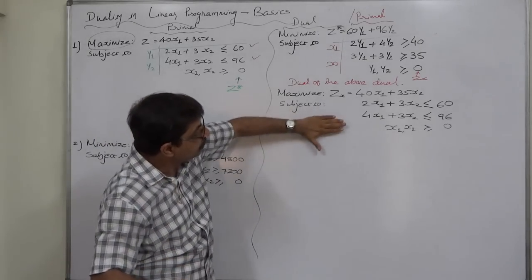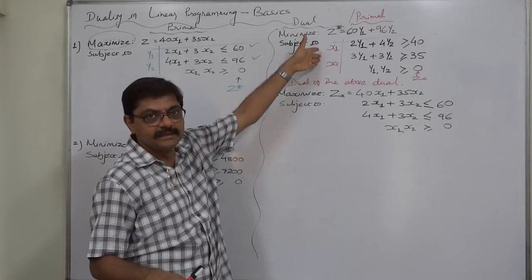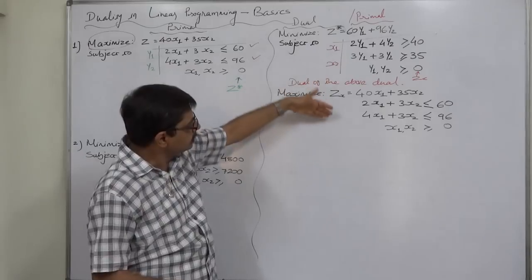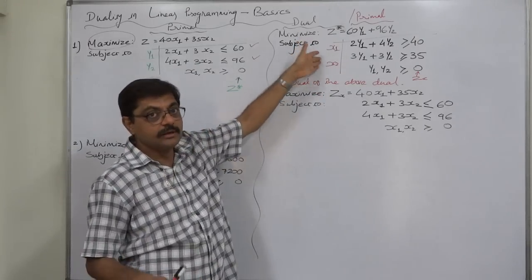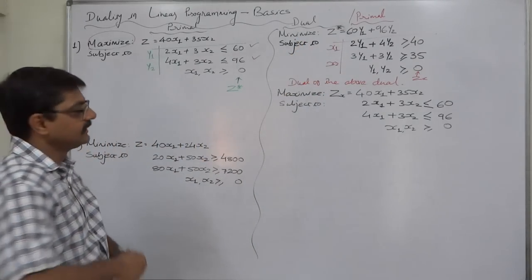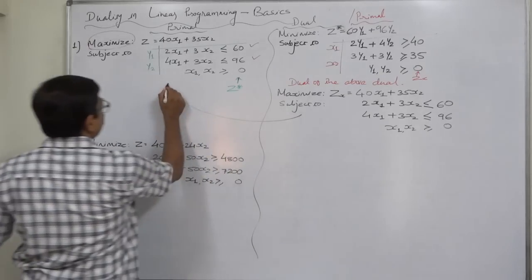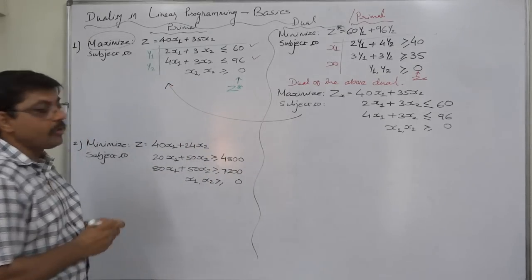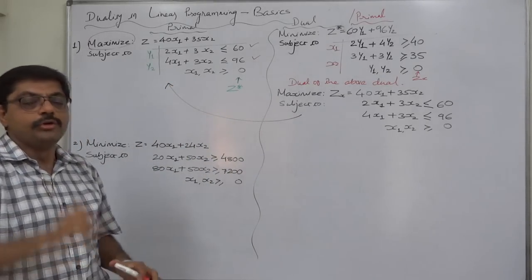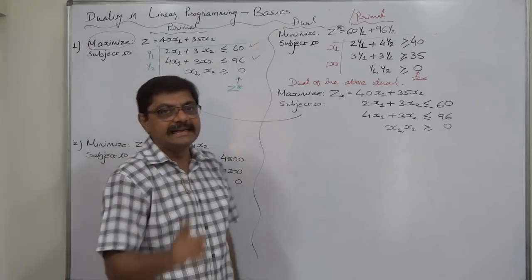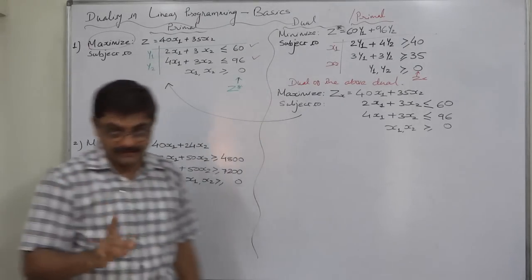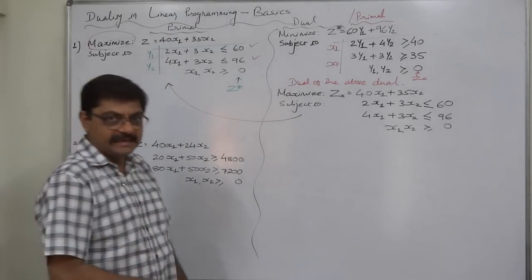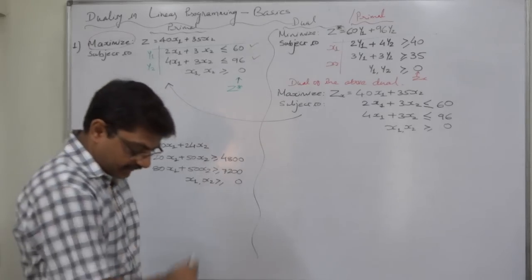This is the dual of the dual. This is the dual. Now this one is the dual of this dual. What is this exactly? It is the primal itself. So the broad conclusion is that the dual of a dual is the primal itself.